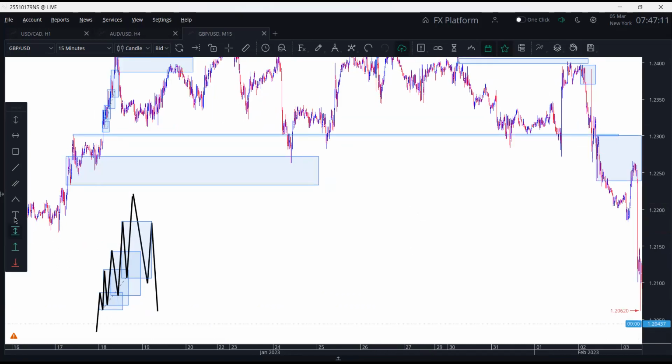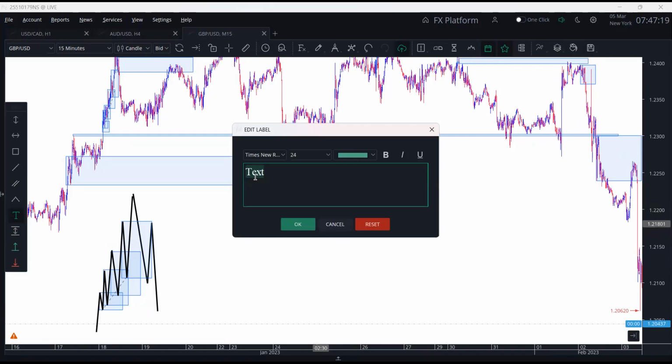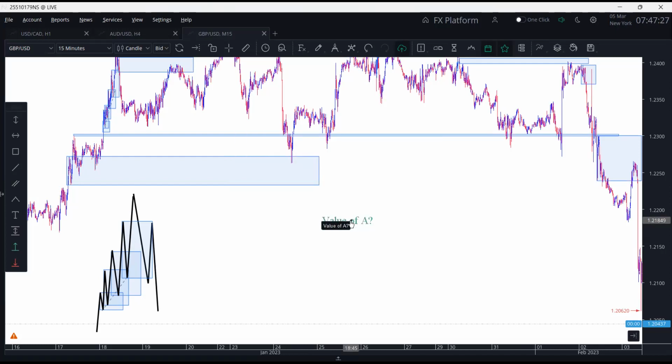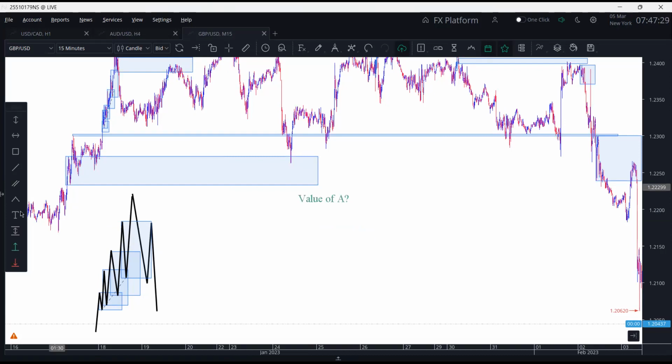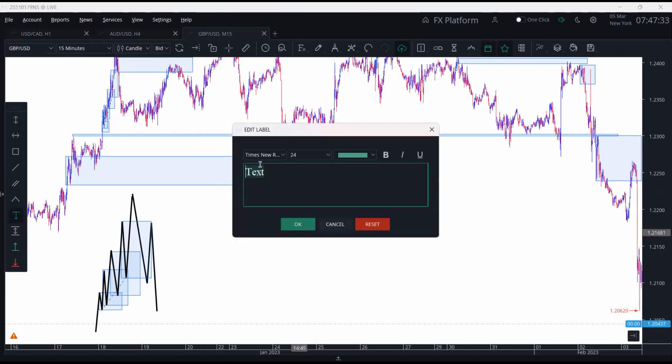But what is a theory? Theory comes from a hypothesis, and a hypothesis comes from a question. For example, we have a question about the value of A. This is our question. I don't know what the value of A is. A is a variable. So we have a hypothesis.